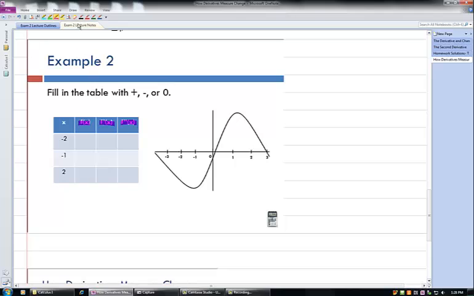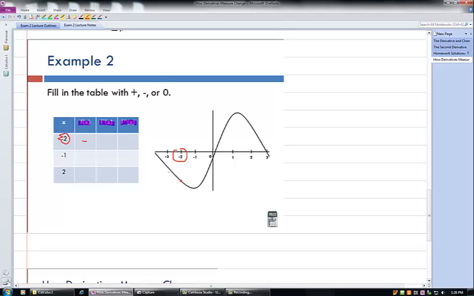All right, so let's go through this. What I want to do first is look at this input of negative 2. For negative 2, I come down right here. I'm on the graph, and I realize the height is certainly negative, so I put a minus sign.